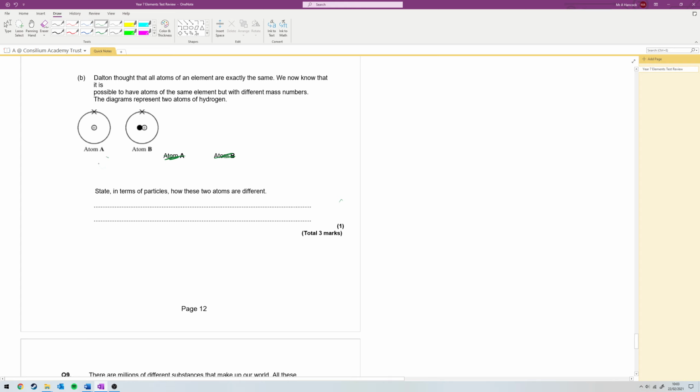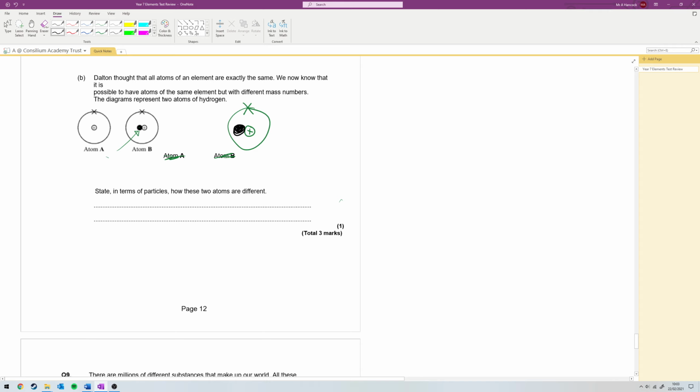But if you just said that atom B had the black particle, but atom A didn't, but otherwise they're identical, I would have given you the mark. If you look, atom A and atom B both have one of these, but atom B also has this.